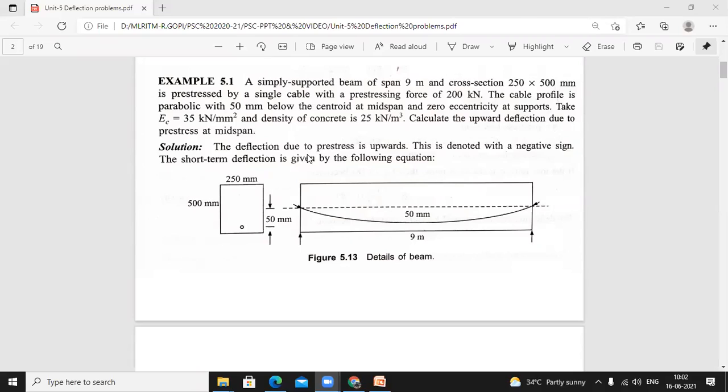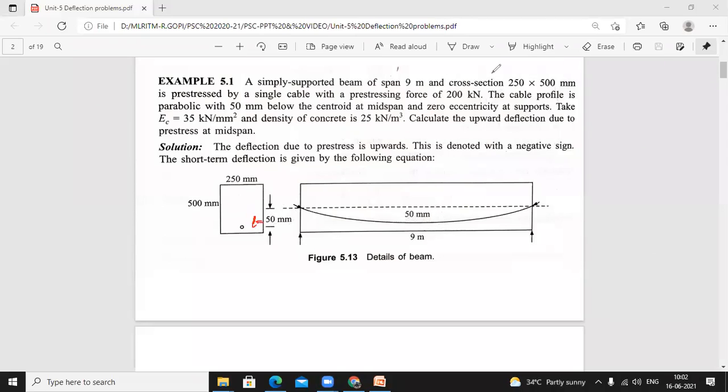In this type of problem, they won't give a diagram, so you have to draw it. First draw the cross section and longitudinal section of the beam. You can see here the size of the beam, the cable and the centroid distance, sorry, the eccentricity e, 50 mm. This is your longitudinal section.